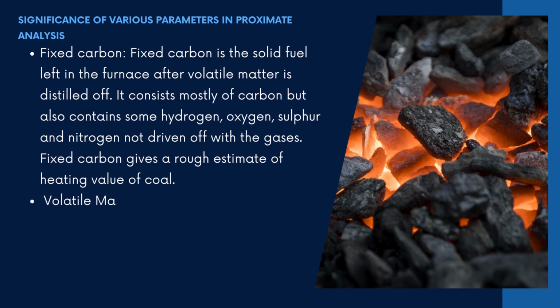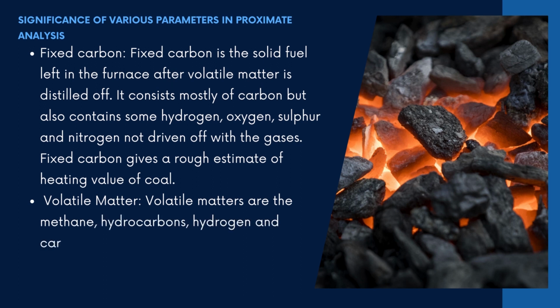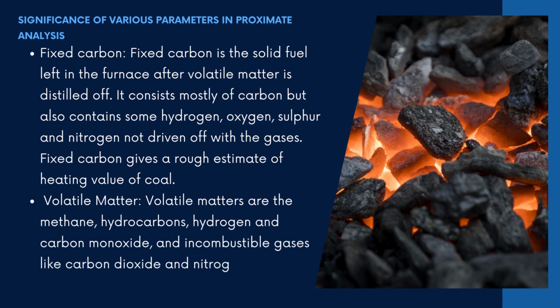Volatile matter. Volatile matters are the methane, hydrocarbons, hydrogen and carbon monoxide and incombustible gases like carbon dioxide and nitrogen found in the coal. Thus, the volatile matter is an index of the gaseous fuel present.